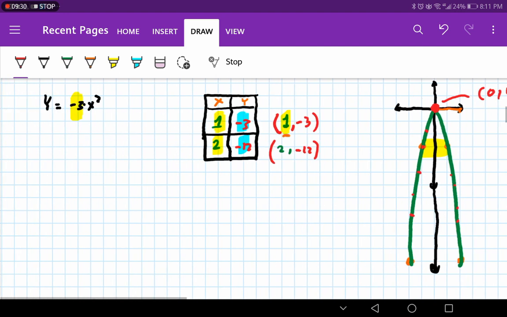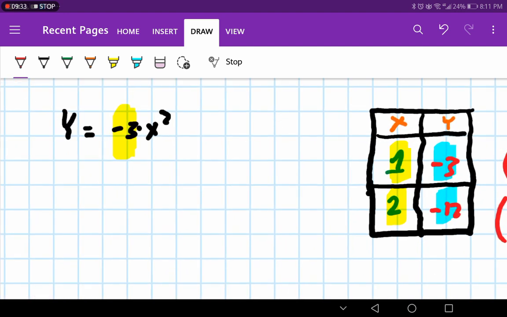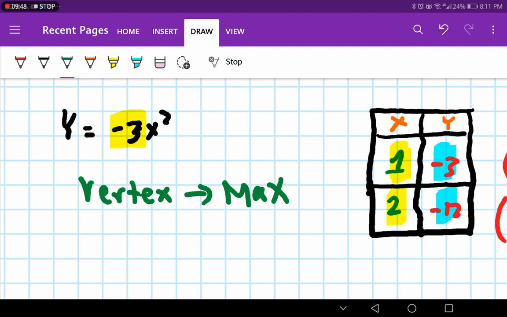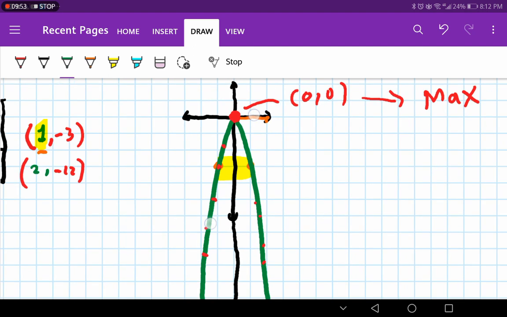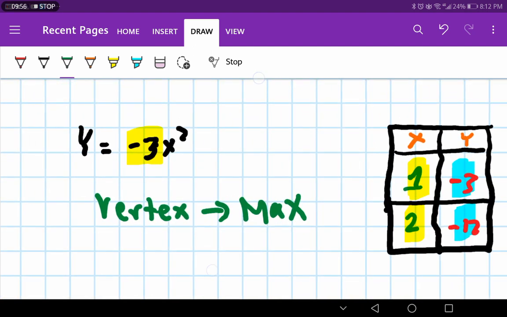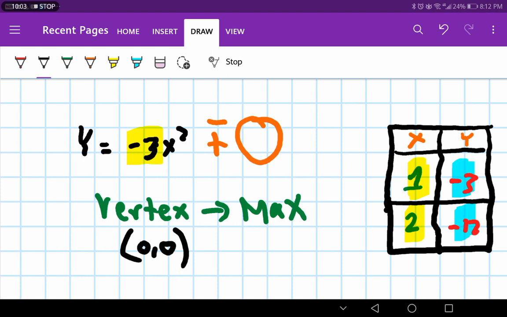So my dear students, if you have a quadratic function with a negative coefficient, the vertex is a maximum. And if you don't have a plus or minus something here, the vertex is all the time (0, 0).